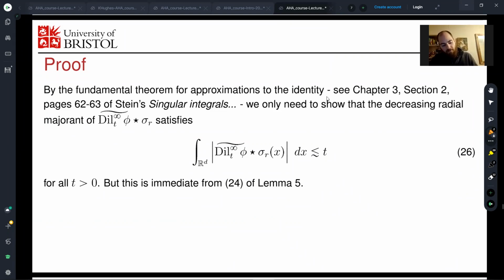Basically, you can think of an approximation of the identity that is, say, monotonically decreasing as you go away from the origin, radially decreasing. Then you have some profile that looks like this. You can think about it as the layer cake decomposition.